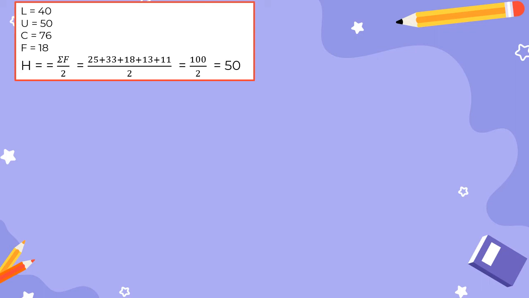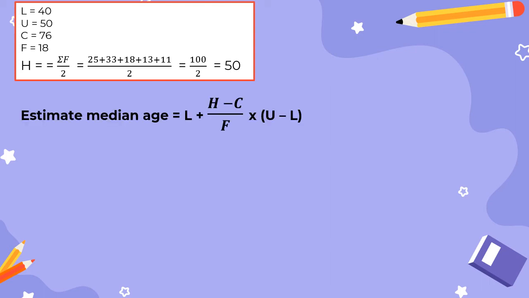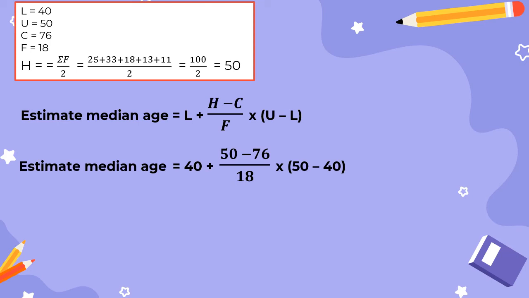So next, let's substitute the values of L, U, C, F, and H into the formula. So the estimated median age is equal to L plus (H minus C) all over F, multiplied by (U minus L).